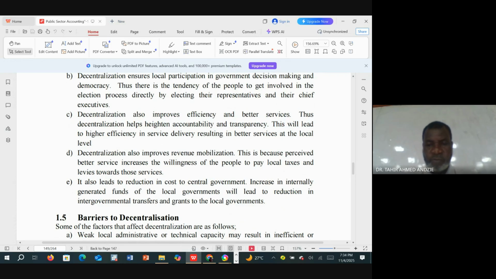So the local level can come out with innovative ways of generating enough funds to see to their development. You can see some districts are better and richer than other districts, especially if you go to KMA, CMA, and others, with heavy markets and road tolls, they are always able to generate enough funds, right?